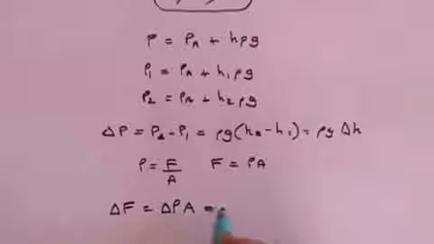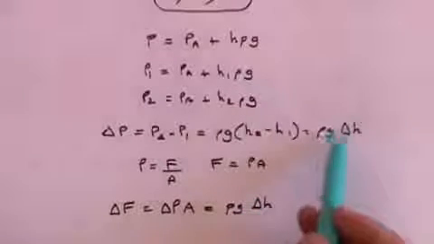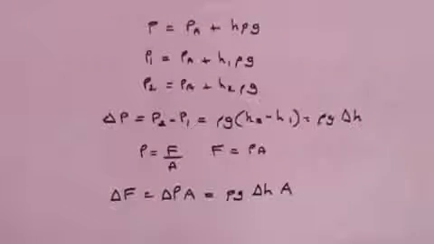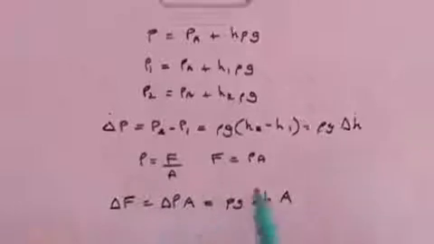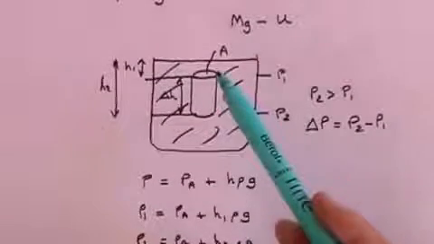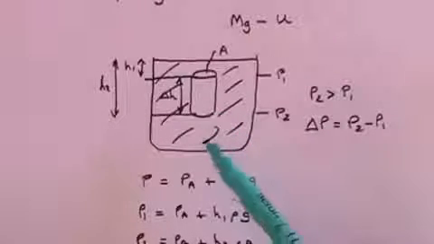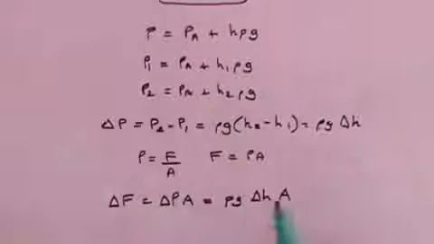And that's going to be equal to rho G delta H, which is essentially delta P, times A. And that difference in force is the upthrust. It's the difference between the force at that point and the force at that point. The force at this point is greater, pushing upwards. And so you've got what is called the upthrust. And that's what it is.